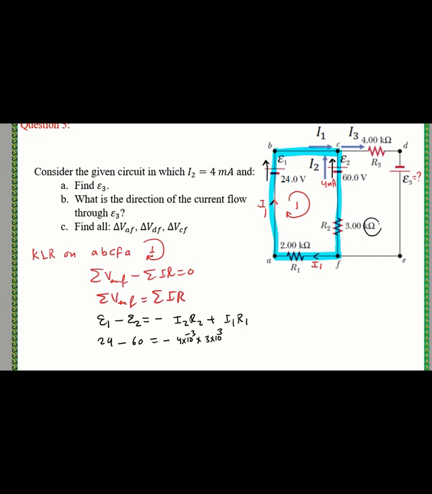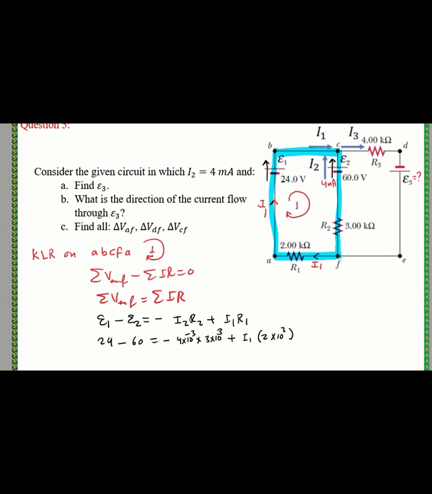Milliampere is 10 to the minus 3, kilo is 10 to the 3. Plus I1, it is unknown, times R1, which is 2 kilo ohm, so 2 times 10 to the 3.